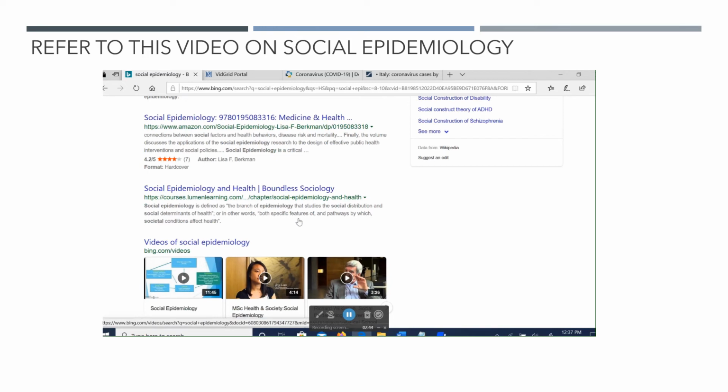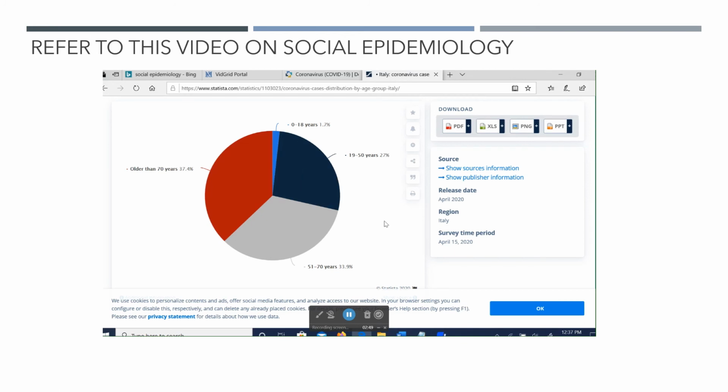In this case, it is a social distribution of health. The health condition is coronavirus. This is what we mean by social epidemiology.